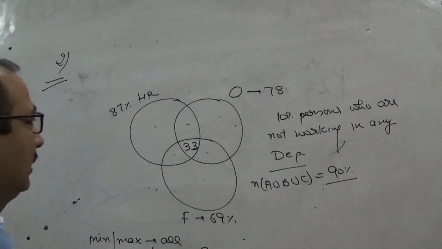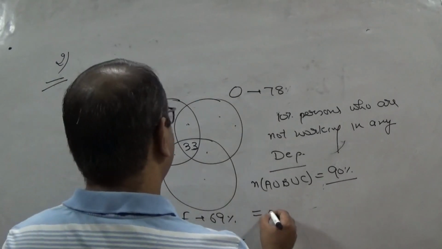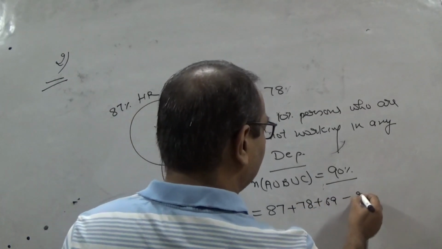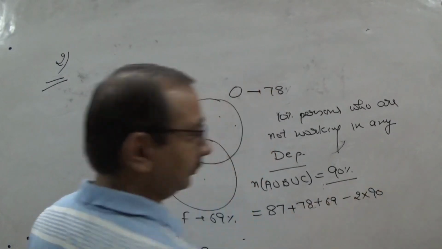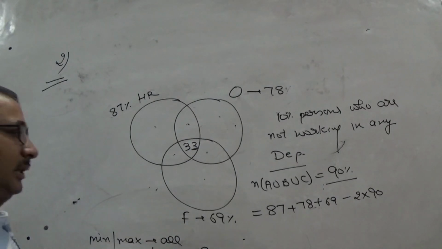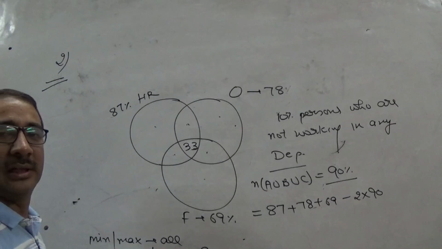Now how to answer it? The process would be 87 plus 78 plus 69 minus 2 into 90. This you have to do. Whatever you get, that becomes your answer.